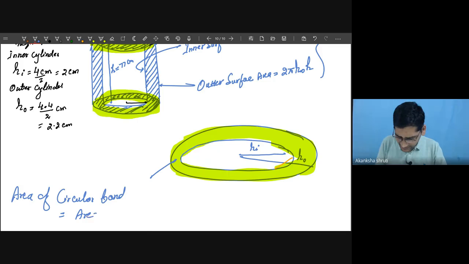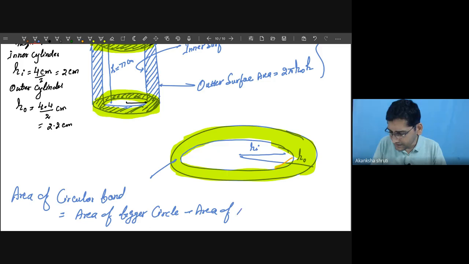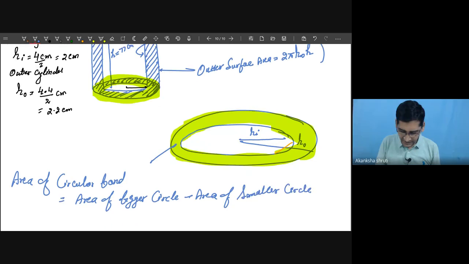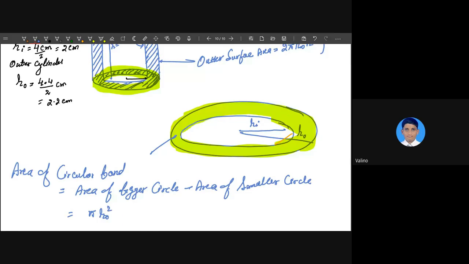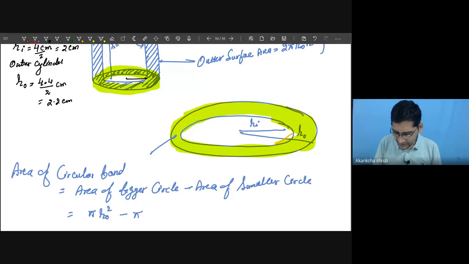So area of bigger circle minus area of smaller circle. Here the area of the bigger circle is obtained by pi r out square, and the inner one pi r i square.